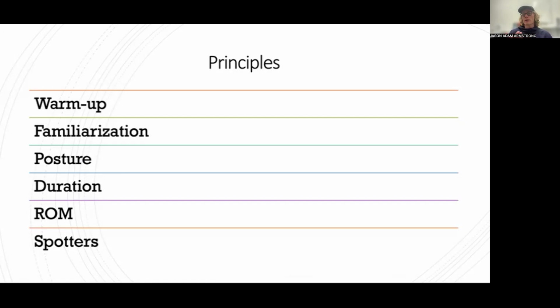Otherwise, what often ends up happening is, I've never seen you before, I'm going to measure your bench press for upper body strength. They're not familiar with it, so they don't get nearly as high of a score. Then we come back and do retesting and we're like, whoa, you changed so much. Part of that is just familiarization with the movement. So I want to make sure my participants are familiar with the movement first.